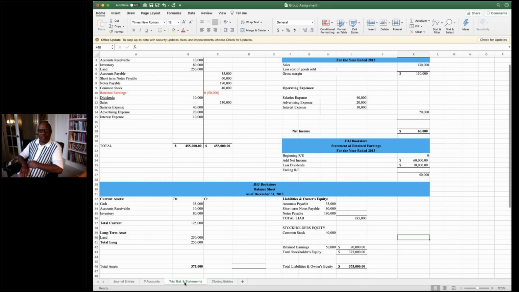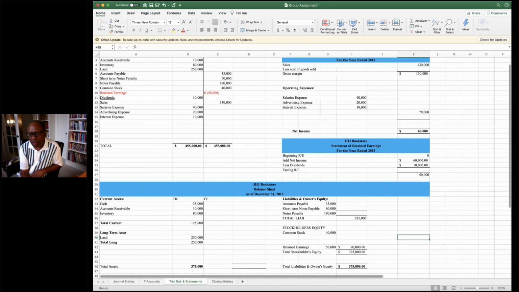Okay, so it'll be salary, advertising, and interest, and they all equal 70,000. They'll all be listed there. So salary for 40,000, and then 20,000 for advertising, and then 10,000 for interest will be credited.